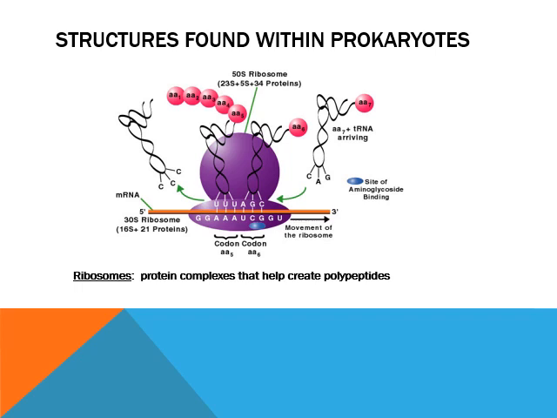Ribosomes are proteins and nucleic acids combined together that convert RNA to a polypeptide. Pretty much, these are little protein-making factories. So all of them across the board have a plasma membrane, a nucleoid region, and ribosomes.